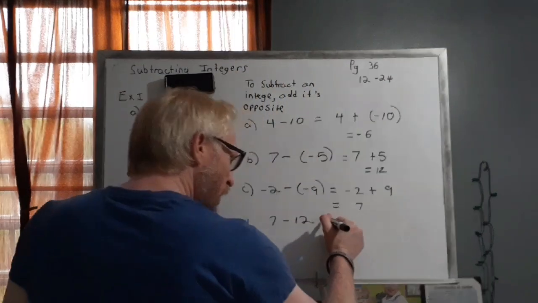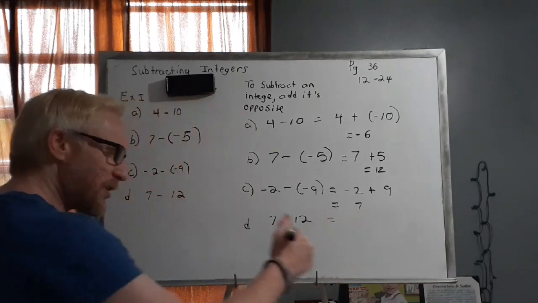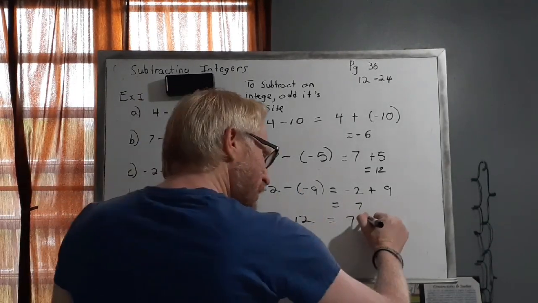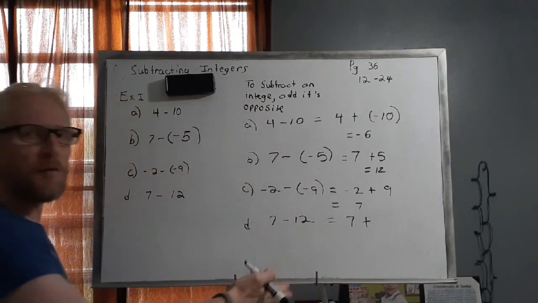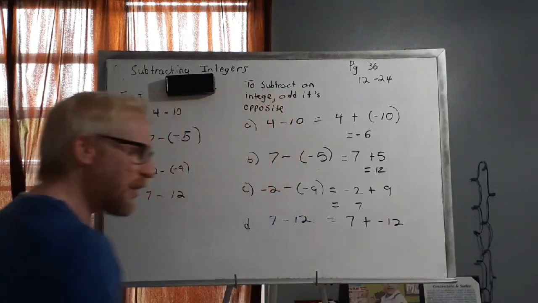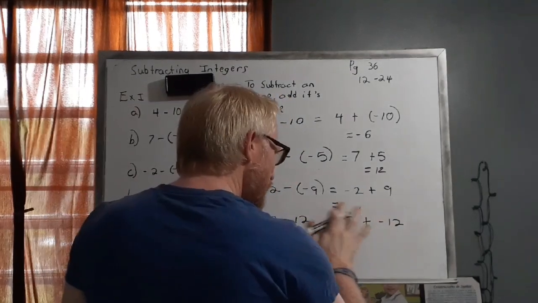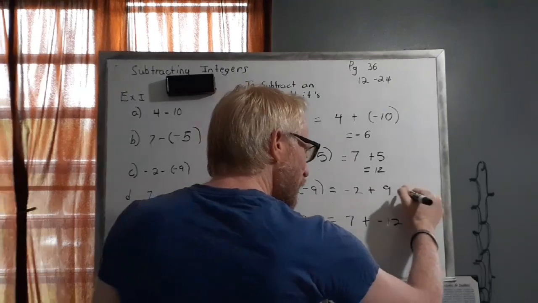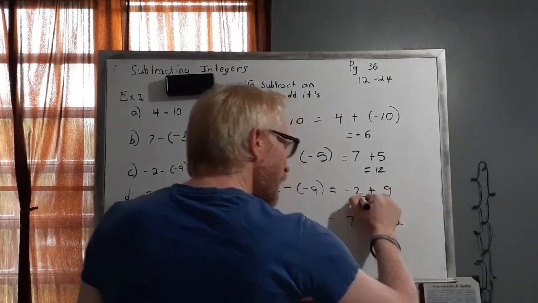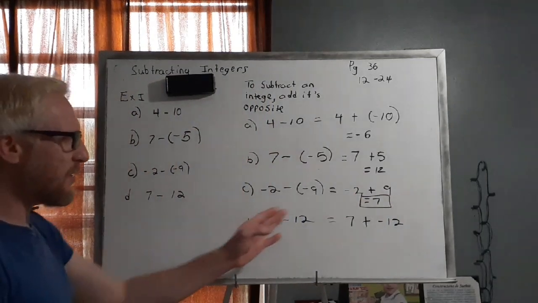So 7 minus 12, we're going to add the opposite of 12. The 7 stays the same. The minus sign turns into a plus sign. And the opposite of positive 12 is negative 12. So 7 plus negative 12 is actually, and let me write this, this is part of the other problem, so let me just box this answer in. Again, the 7 doesn't change.